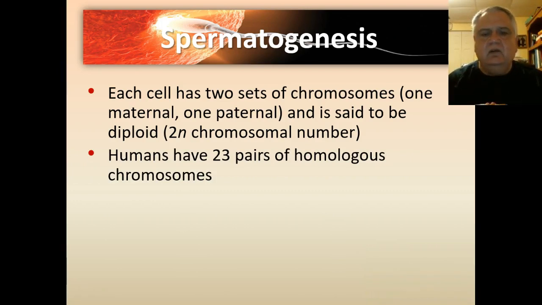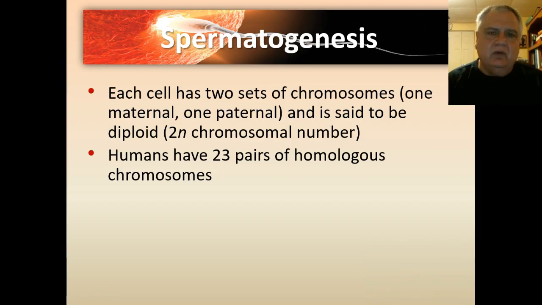So again, humans have 23 pairs of what we would call homologous chromosomes. Homologous means similar. You see, the chromosomes that are donated to your first cell that come from your mother contain very similar information as the chromosomes that come from the sperm of your father.